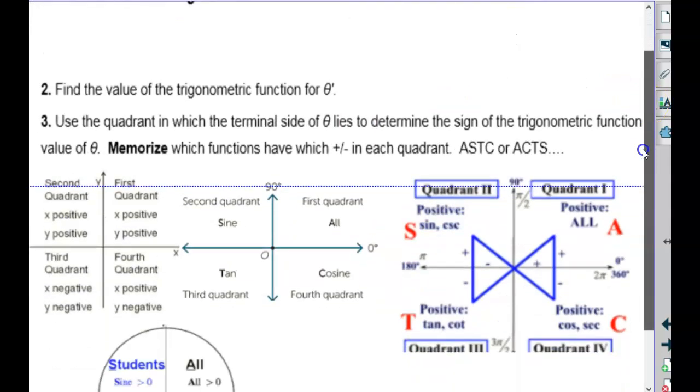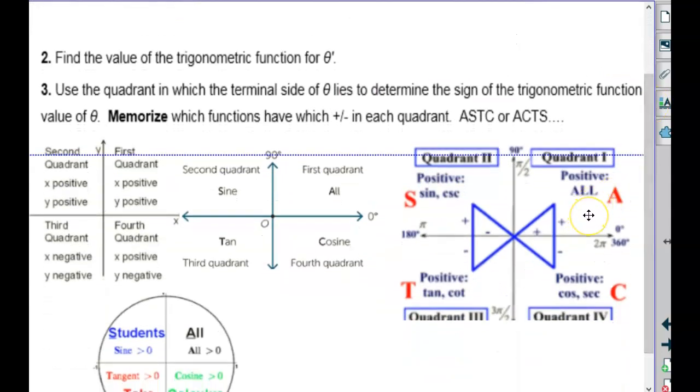This is just the review of what we just talked about. Remember on the unit circle, all students take calculus? Do I need to go over that anymore? The A is for everything, all is positive. Sine is the only thing positive in the second quadrant because it's y, and the y-axis is positive.